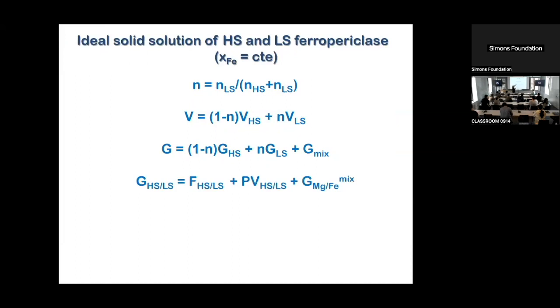So what we need here is to calculate the Gibbs free energy of the high spin state and low spin state, which is given by F, the Helmholtz free energy, plus PV, and then the iron-magnesium mixing entropy, which we say is the same for both spin states. This free energy consists of the static plus vibrational part, that's the quasi-harmonic, but there is a magnetic entropy term that I have also approximated.